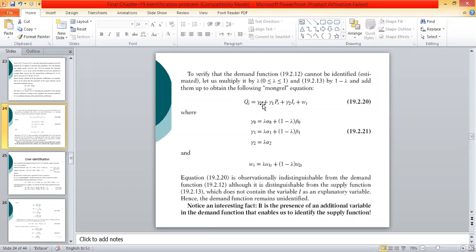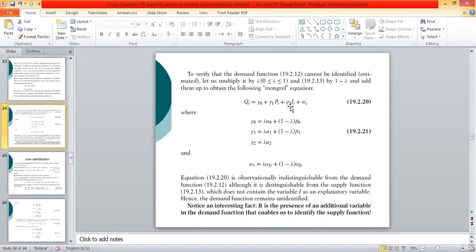So this bogus equation is quantity equal to gamma naught plus gamma 1 Pt plus gamma 2 It plus Wt. And as I have discussed earlier, we can apply the bogus equation to examine whether the equation of interest is identified or unidentified.